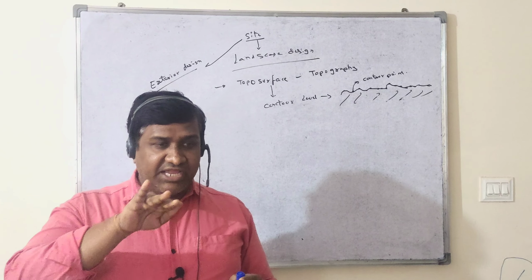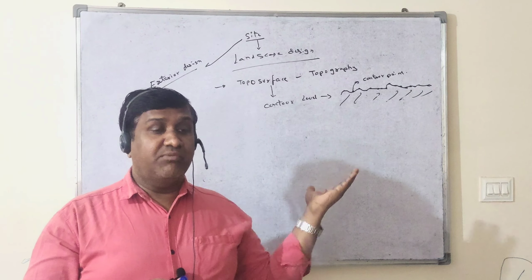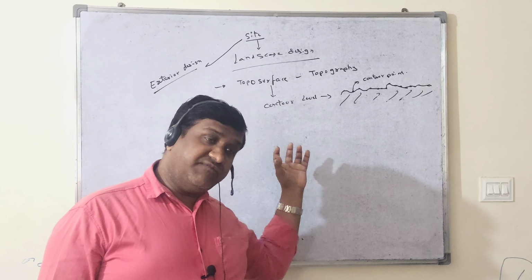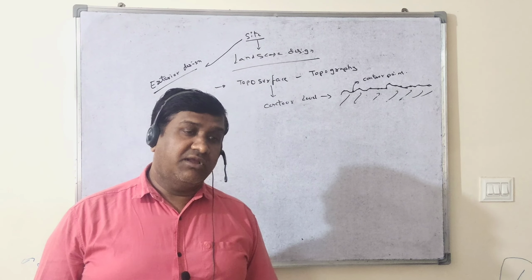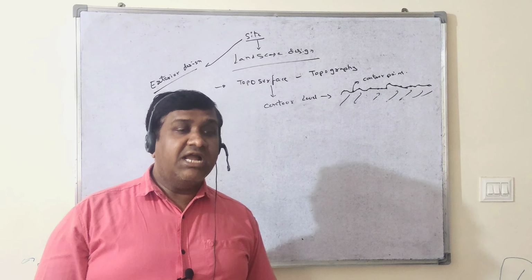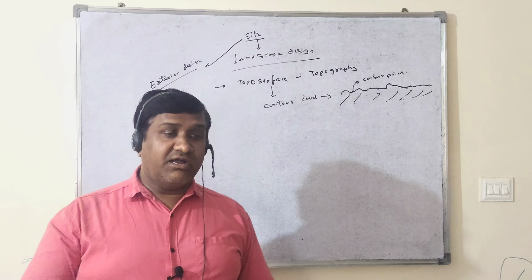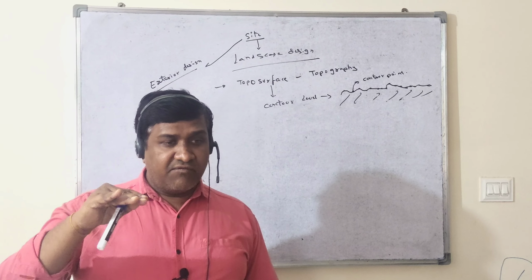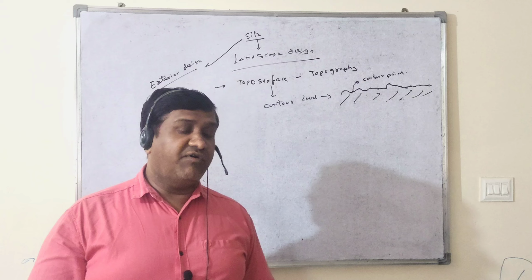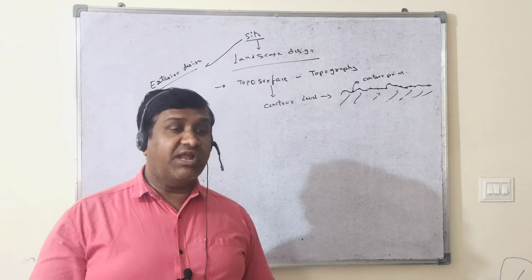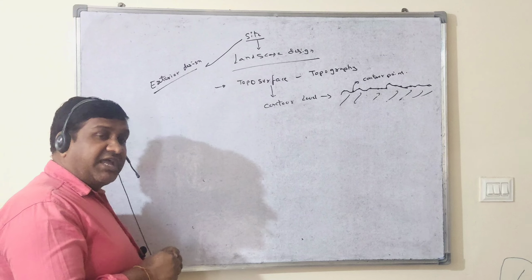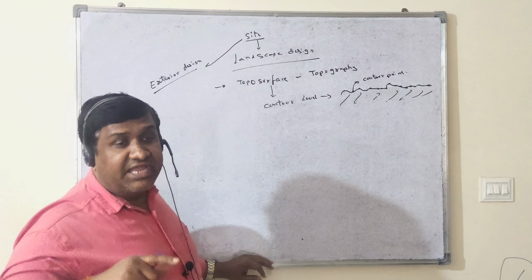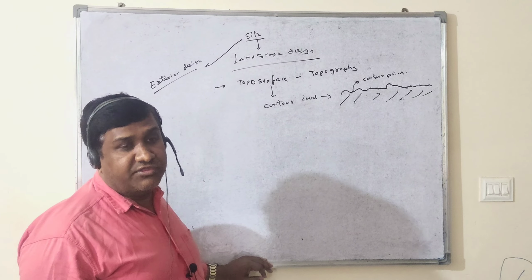So in each and every area the levels are going to vary, and those variations we handle with the help of contour levels. The contour gives the height of the land, the mud, from 0. What is the height? That we have to create by using this topo surface, and with the help of topo surface we can generate the contours.